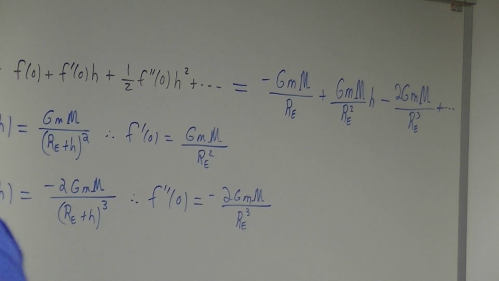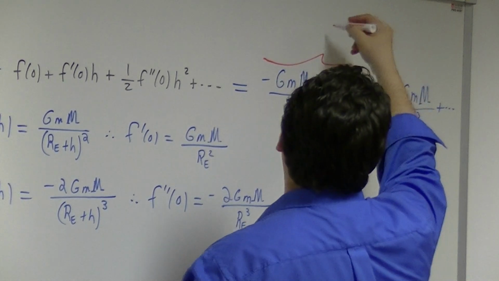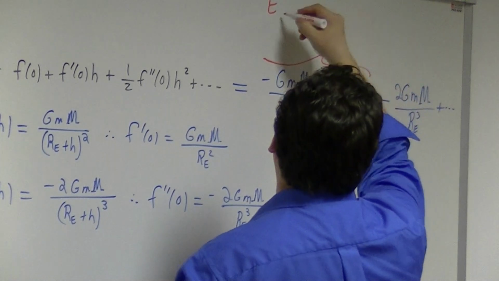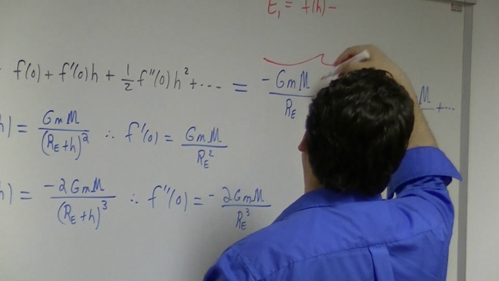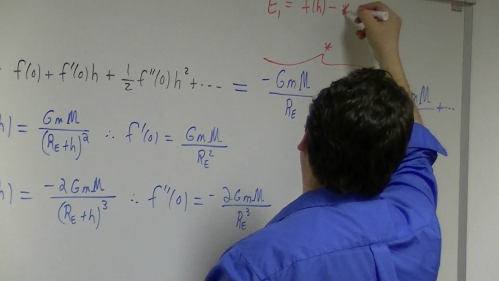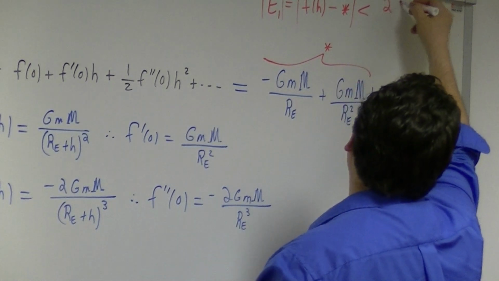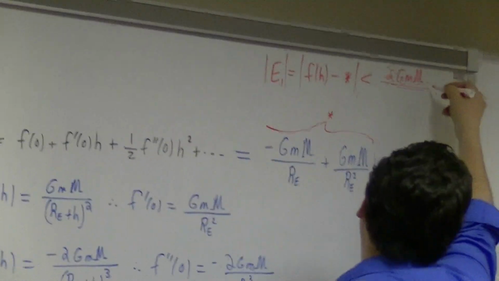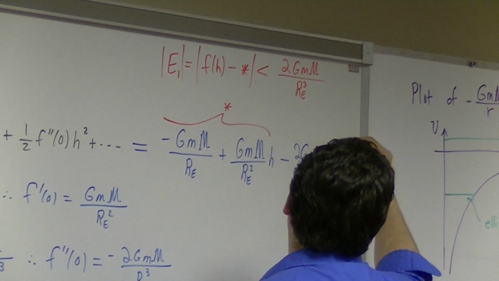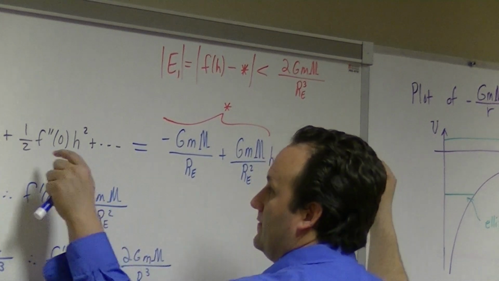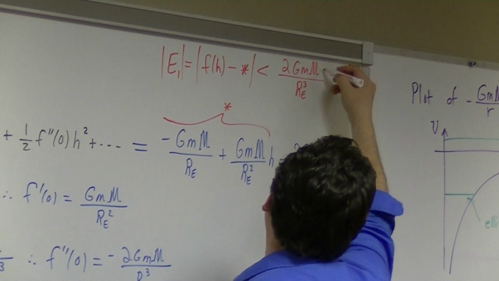So if I want to bound the error, in other words the difference between f of h and just keeping the first two terms, which we call star, the magnitude of that error is less than 2 G M over the radius of the Earth cubed. Oh, I'm missing an h squared. And I forgot to divide by 2, didn't I? So the 2 cancels and gives an h squared.